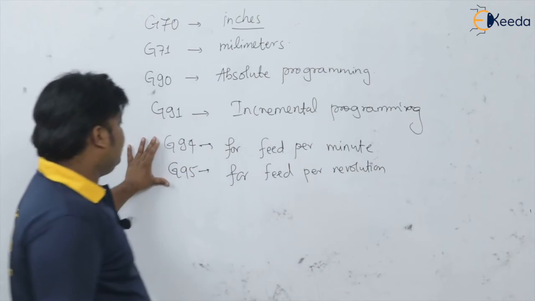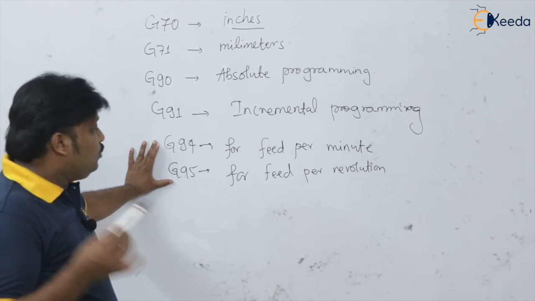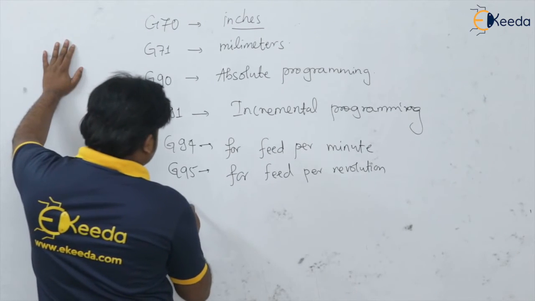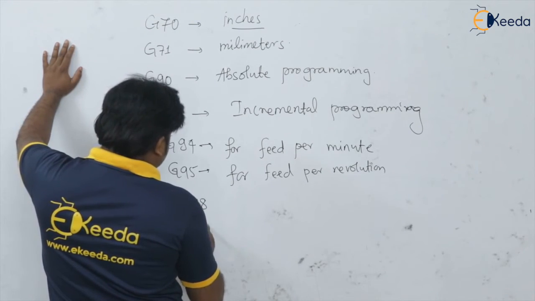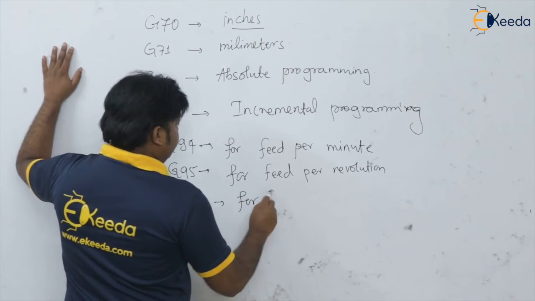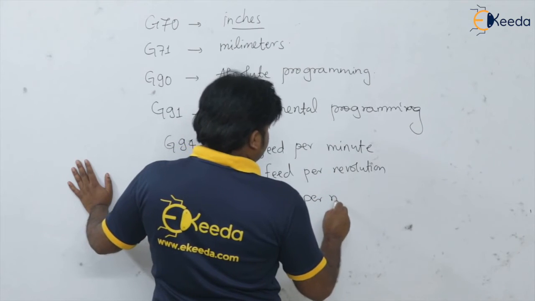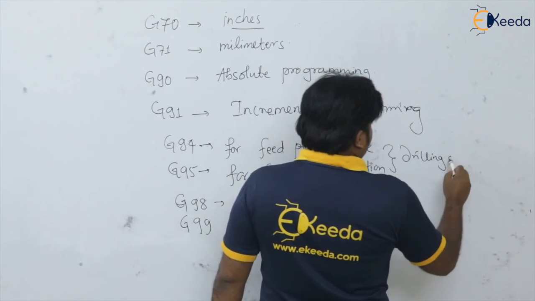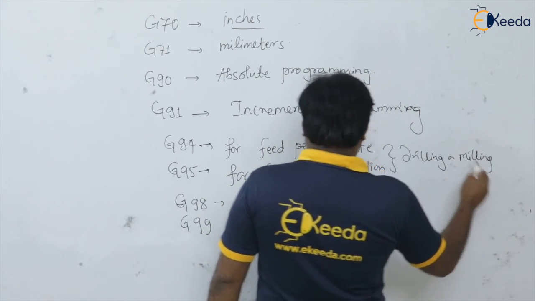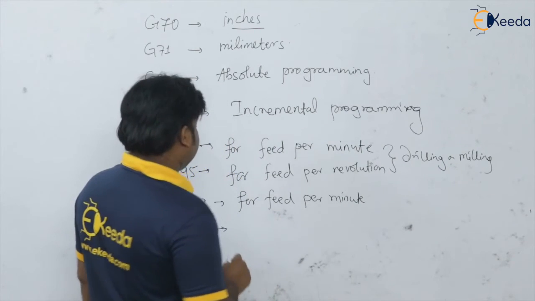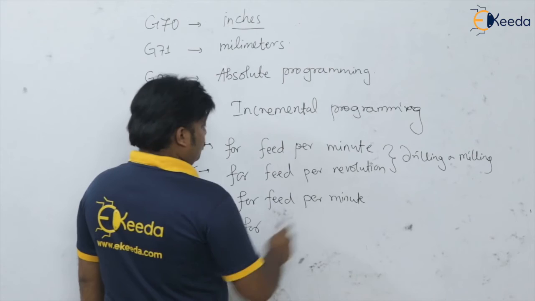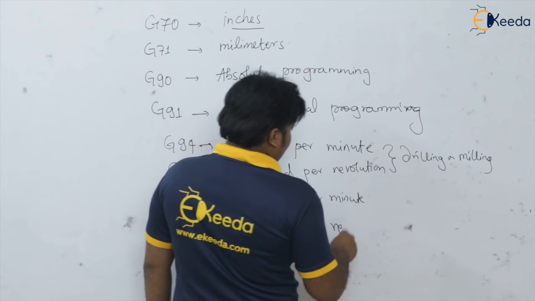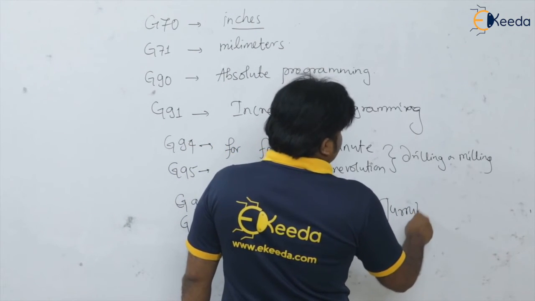G94 and G95 are basically used in drilling or milling operations, whereas G98 and G99 are again the same: G98 is feed per minute and G99 is feed per revolution in case of a turning operation.